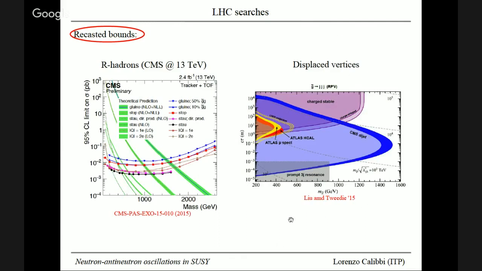So we employed a recasting done by these two gentlemen in 2015, where you can see for certain ranges of, in this case, gluino to 3-jet lifetime, CMS analysis can set already constraints which are quite strong, of the order of 1.4 TeV.